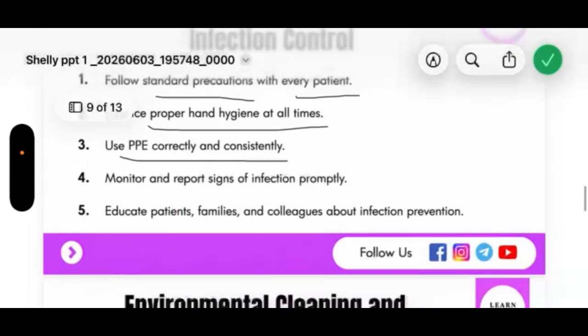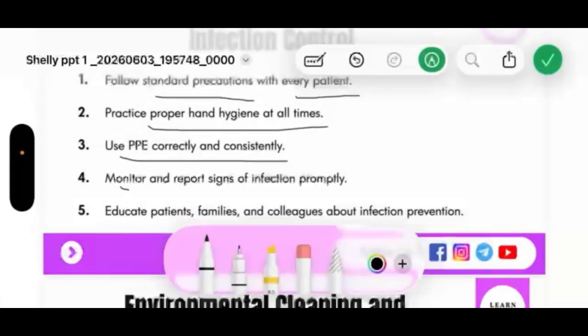Then monitor and report signs of infection promptly. We have to monitor properly and report the signs of infection. Like if the patient is having a continuous high temperature even after giving antibiotics, or you are giving PCM, but still the patient has a continuous high temperature, we have to see all the signs and symptoms.